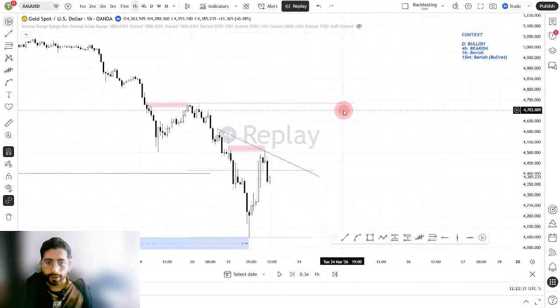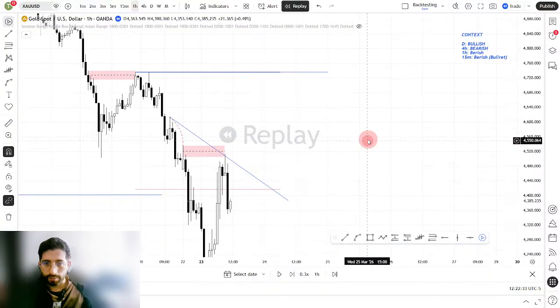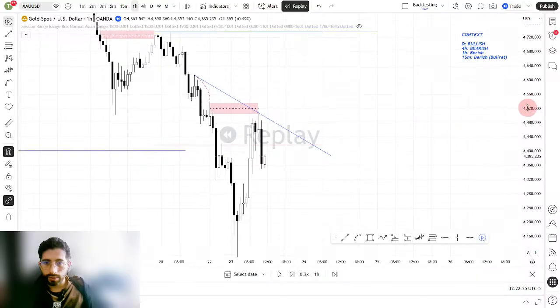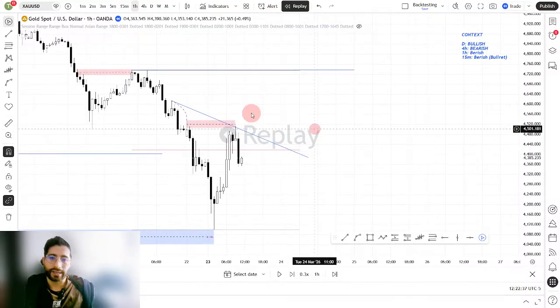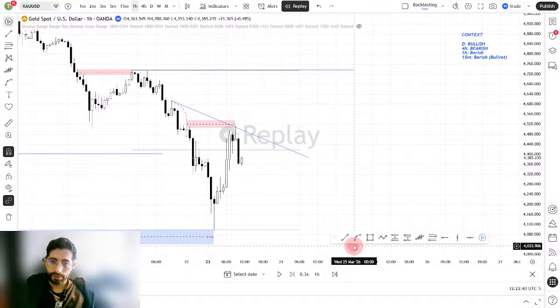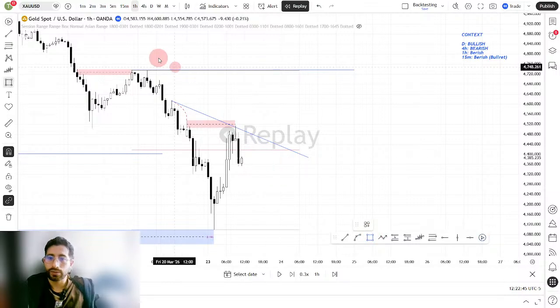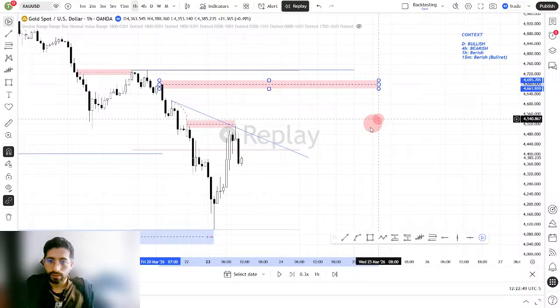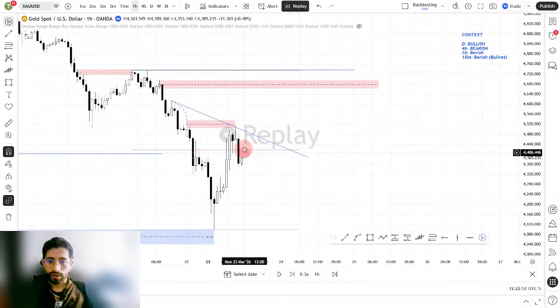So anyway, this is what I think, my friends. In 1 hour, look, it is clearer. Can you see this fair value gap? Fair value gap has money. So I think the best order block is this one to sell. So I think people here are actually selling. People are selling here because they saw this double top.